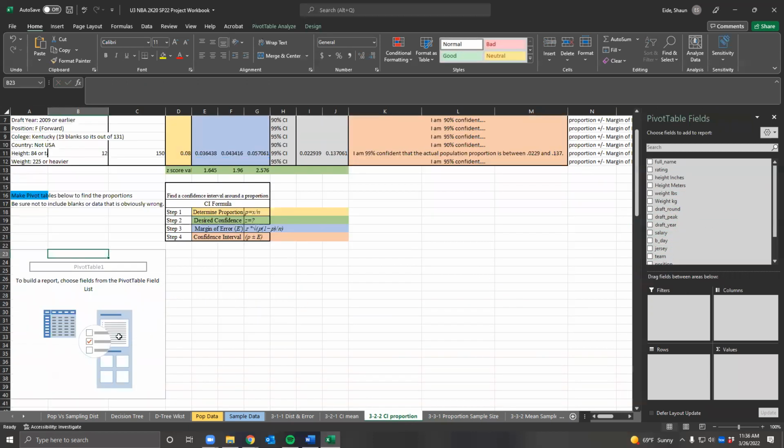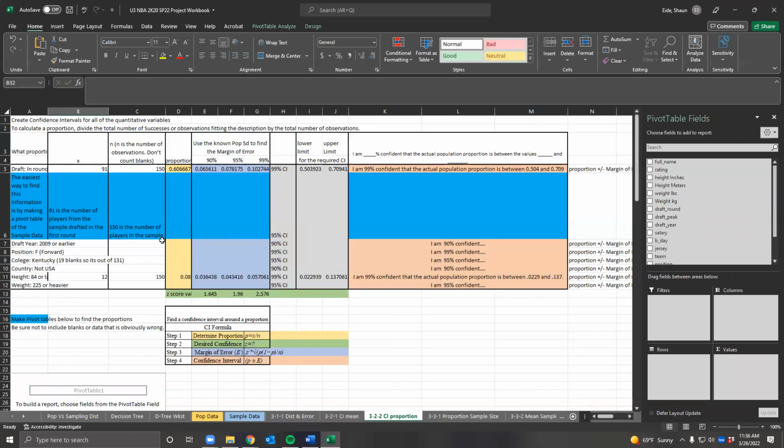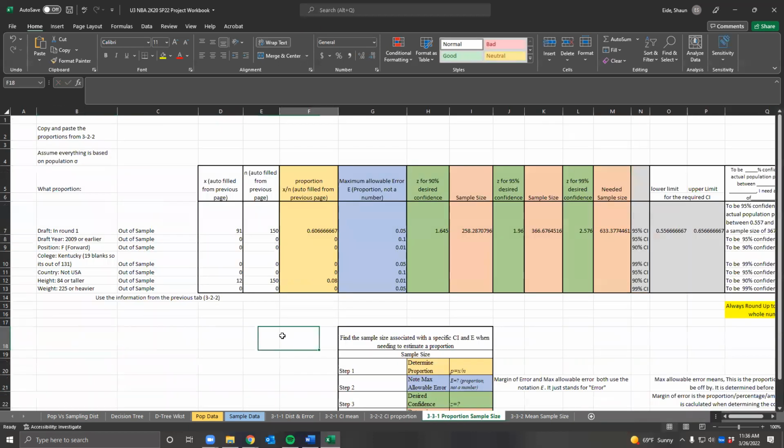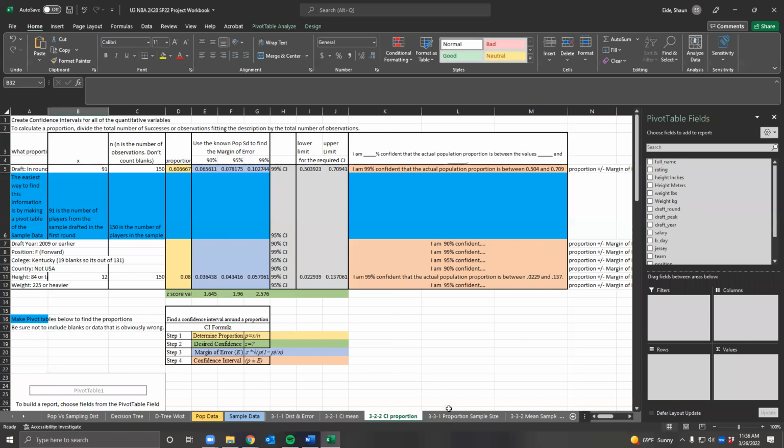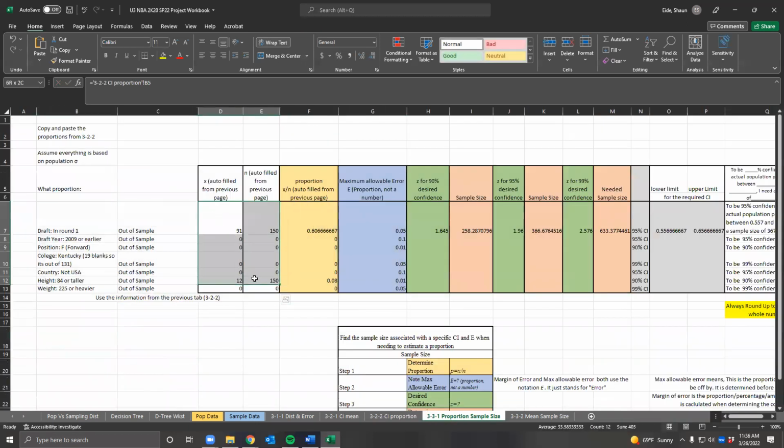And then you find the number that meet this criteria divided by the total number of observations in that category. So next, we've got something very similar, the proportion, sample size, so on and so forth. All of this comes auto from the previous one. So if you filled in all of this, it comes over here and it fills in automatically for you.